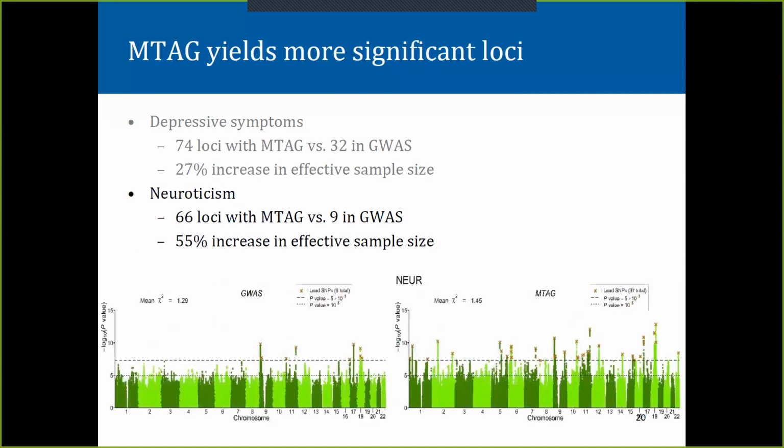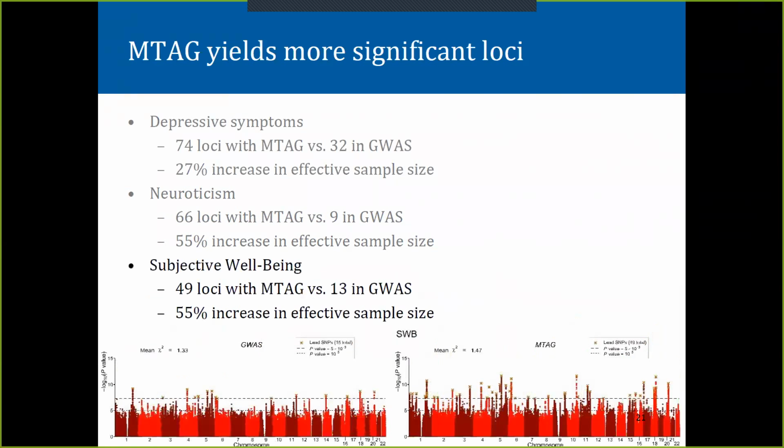On the next slide, we show the Manhattan plots for neuroticism, and we go from 9 hits in the GWAS to 66 in the MTAG analysis. This corresponds to about a 55% increase in the effective sample size. And finally, for subjective well-being, we go from 13 hits to 49 after we apply MTAG, and again, a roughly 55% increase in the effective sample size.